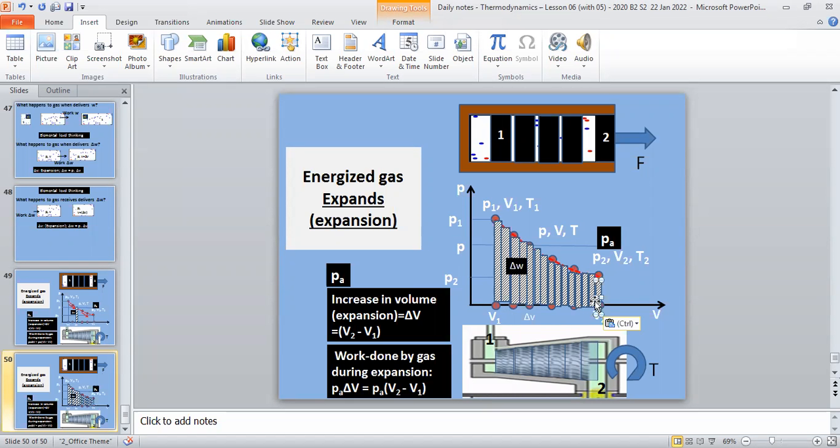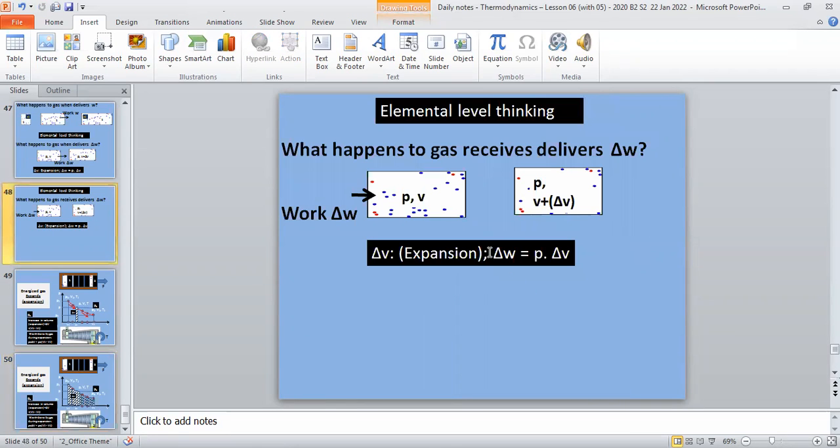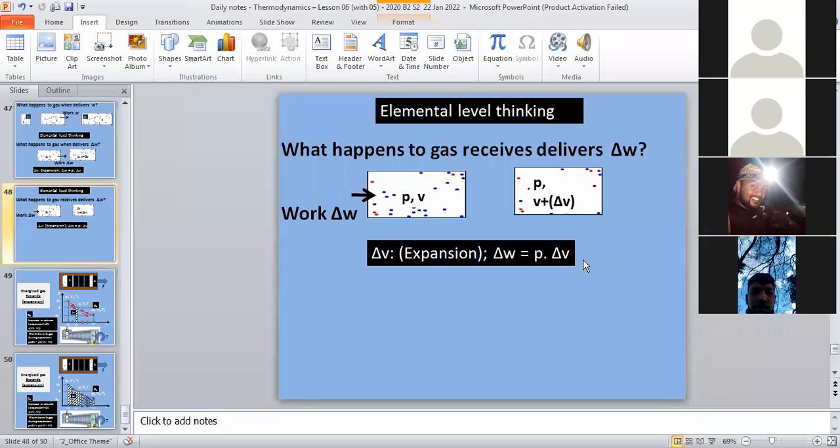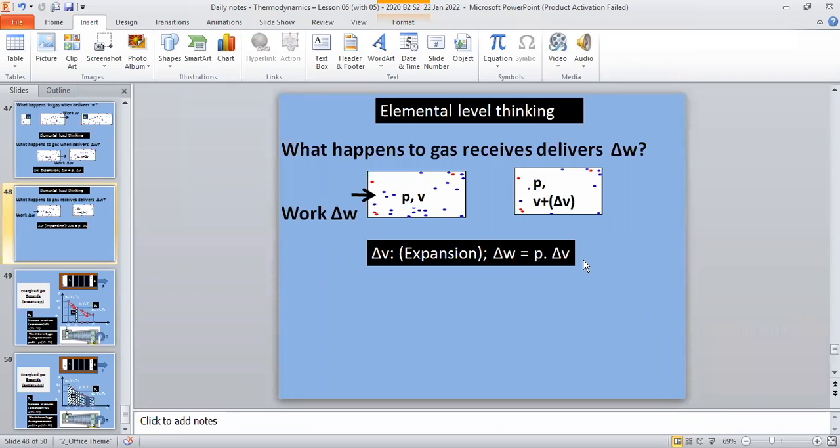Before you take this, you should understand what work done means. Work done for this little delta W is P delta V, meaning the pressure times the expansion reflects work done. But pressure changes while the gas entity experiences expansion. So you have no constant pressure, but for tiny expansions there are corresponding pressure rises or decreases.